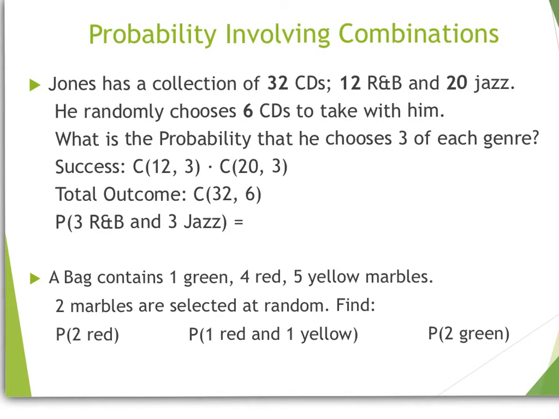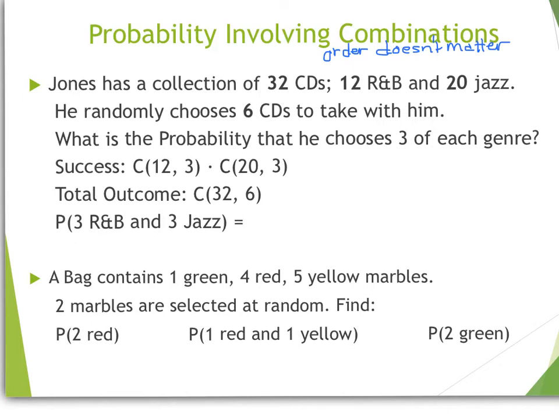Okay, so now we're going to start looking at some probabilities, and we're going to start with ones that involve combinations. If you remember, combinations look at how things can be rearranged when order doesn't matter. It just matters how many of something you're pulling out. So how does this work?